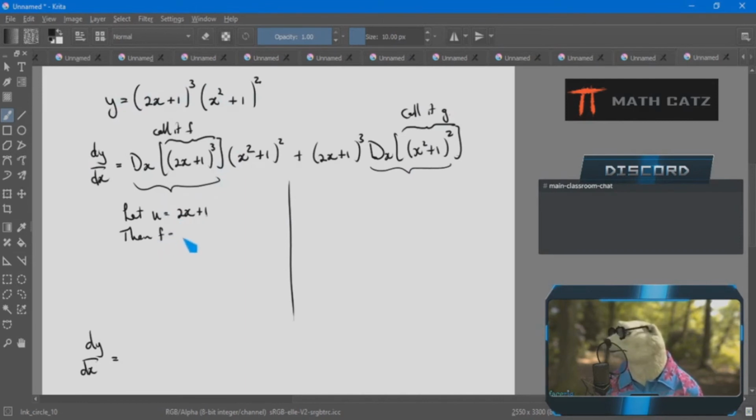So f is then u cubed. And so my derivative of f, maybe I'll write the little d notation consistently, is, by the chain rule, df du du dx.